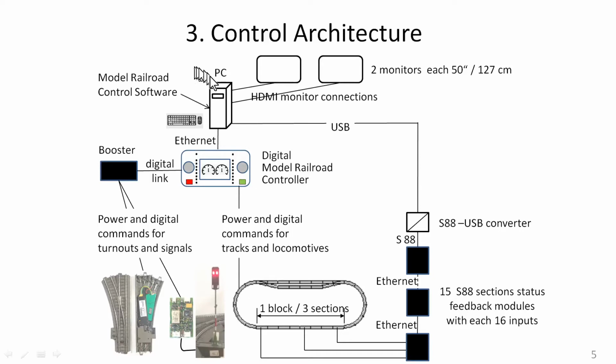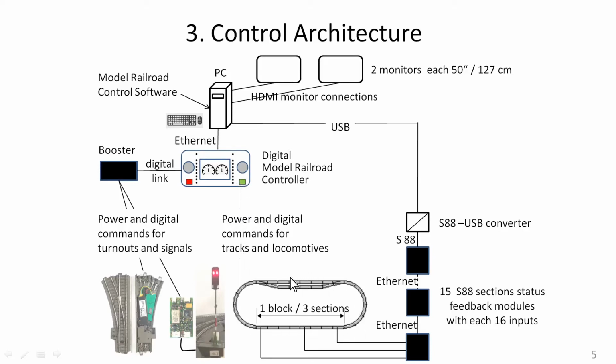The control commands of the model railroad control software are transmitted through Ethernet to a digital model railroad controller, and this feeds power and digital commands to the tracks.